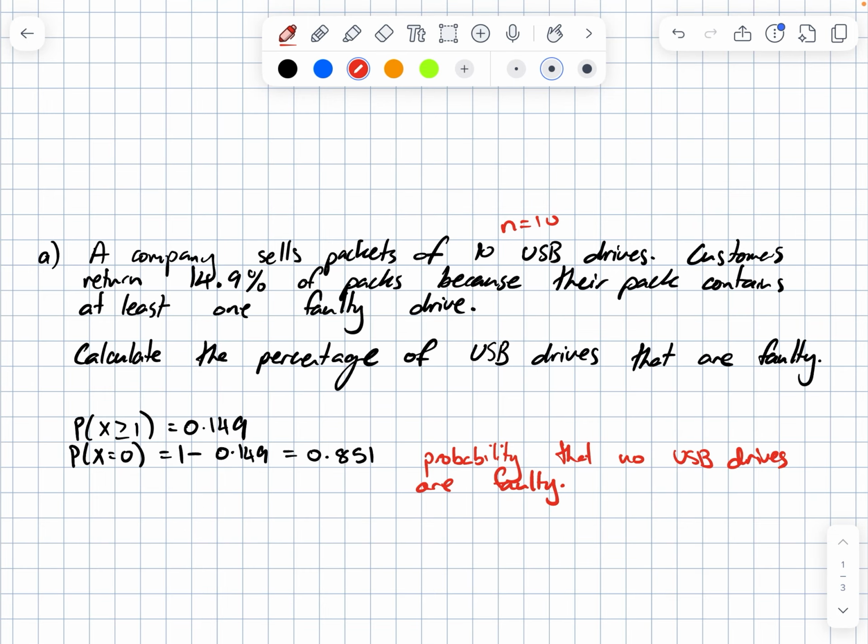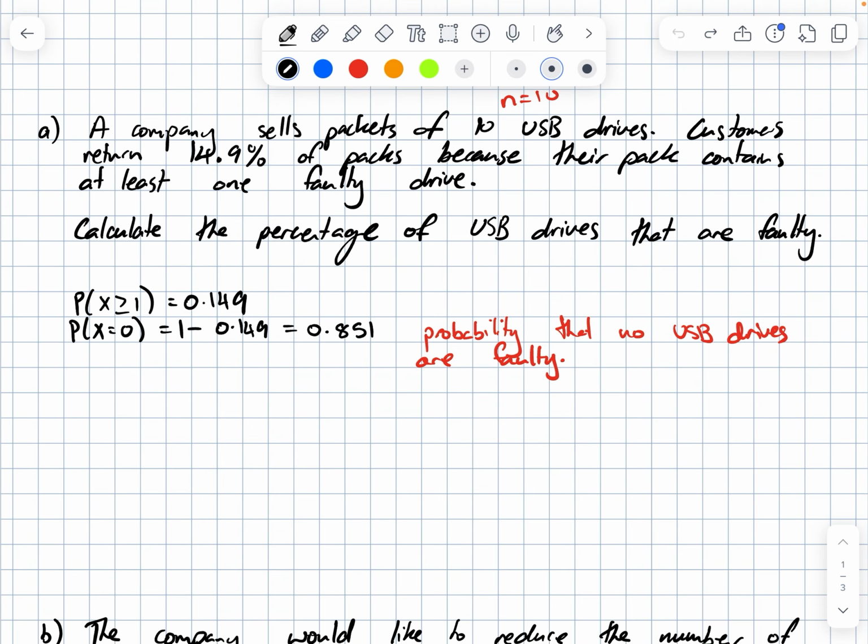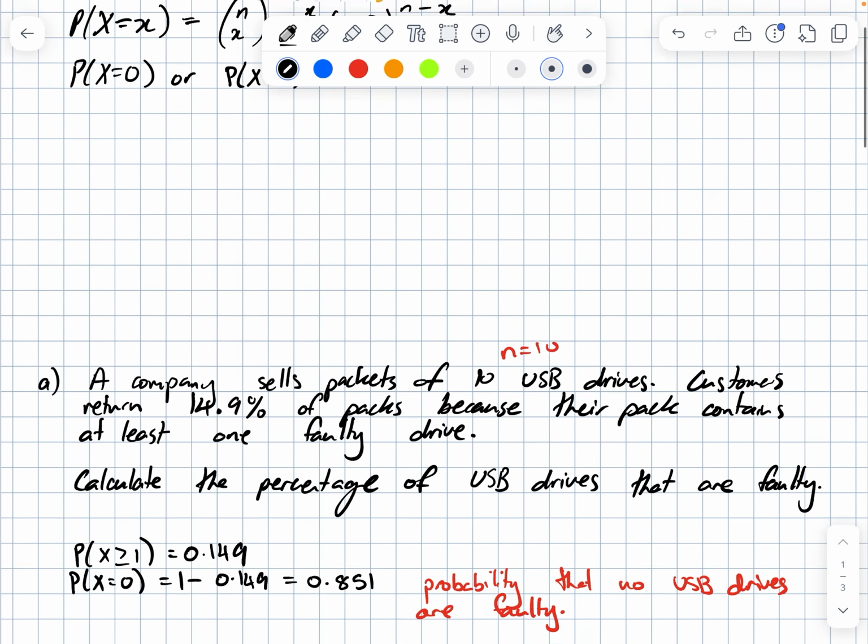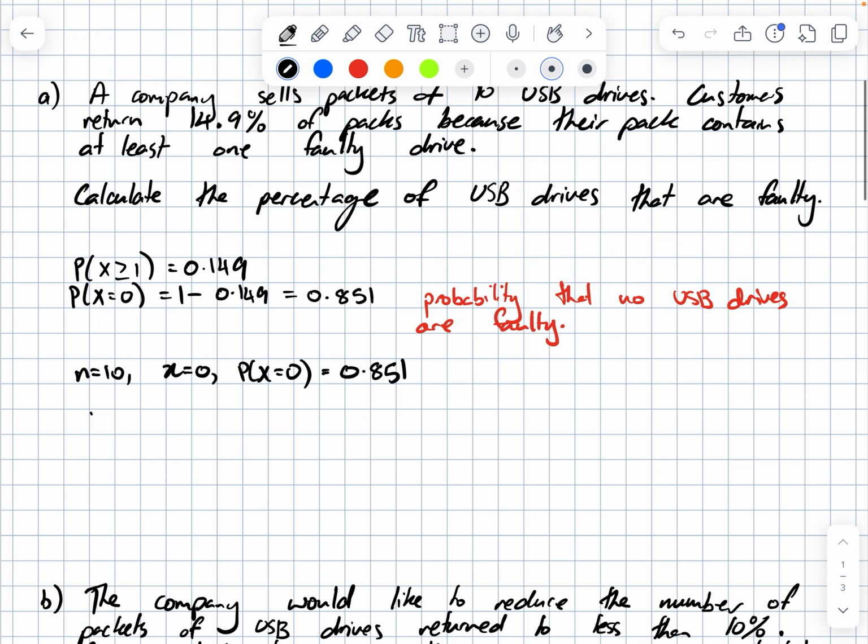I find it helpful to write down what the probability means, just so I can get in my head what I'm trying to work around. So now trying to answer this question, we know that n equals 10, x equals 0, and the probability that x equals 0 is 0.851. So substituting this into our formula, the one up here, we have 0.851 equals 10 choose 0 times pi to the power 0 times 1 minus pi to the power of 10 minus 0.